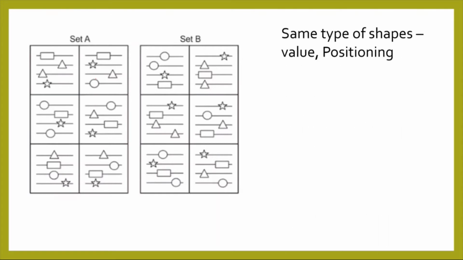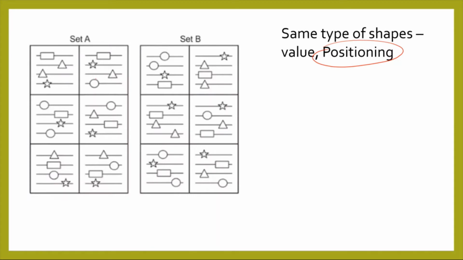Whenever we think of the same type of shapes, we should think of whether they can have value. But in this case, they can't have value because we're not provided with the same number of shapes in each box. So we can also think of positioning, and we move on to positioning because we cannot give a value to any of them.